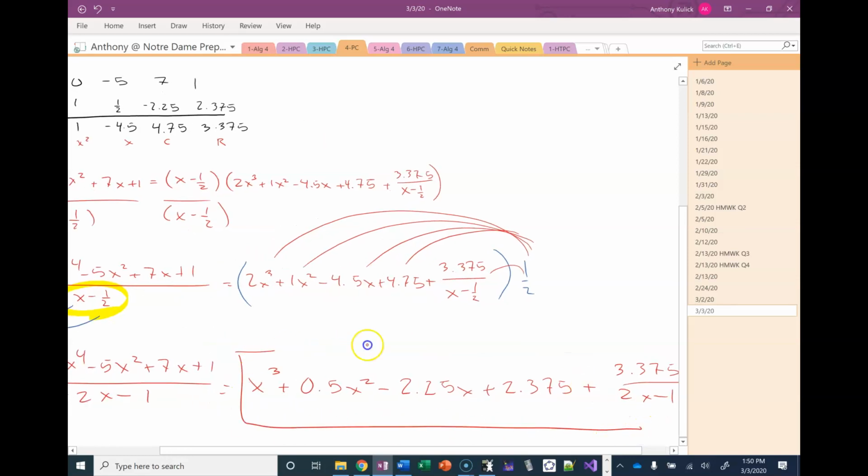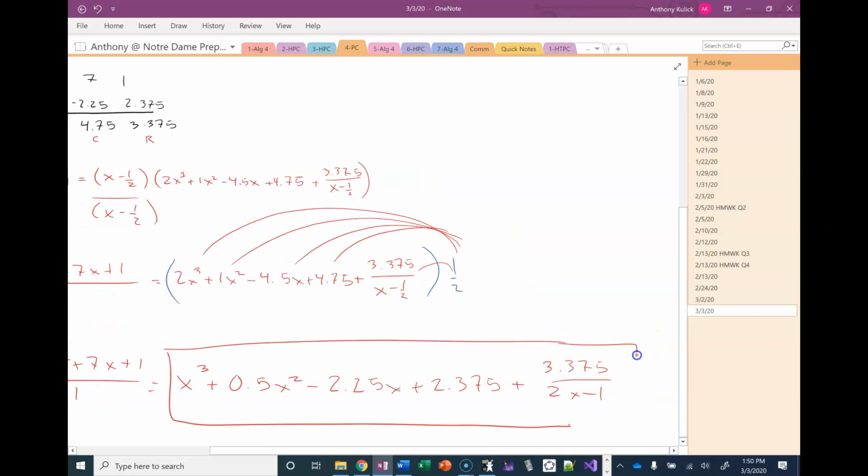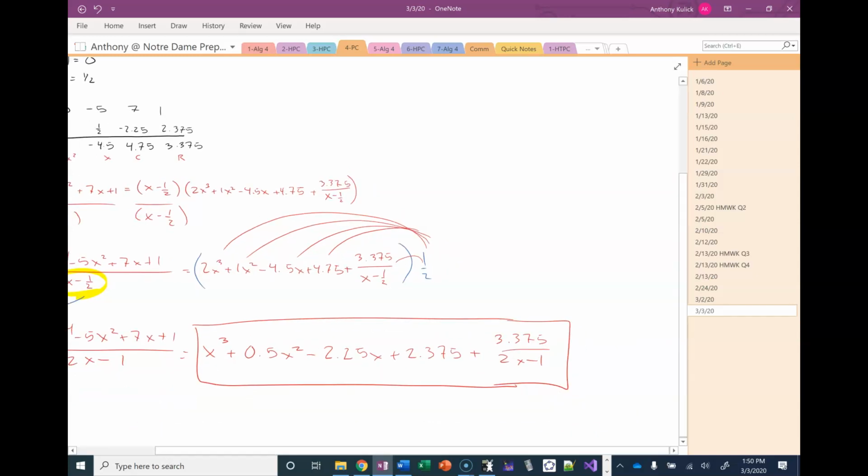So there's, I believe, my answer. Let's double check that. That's a mistake. Yeah, that's wrong. So the answer key is wrong in this regard. This one is correct. We forgot to divide by 2.